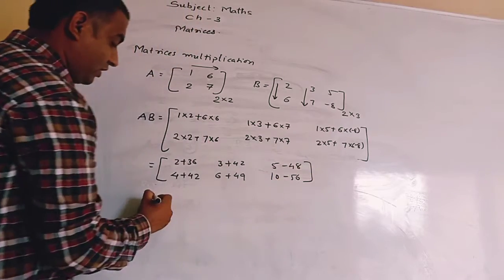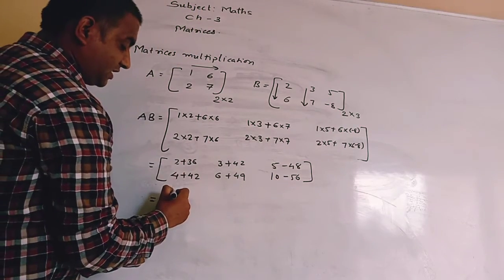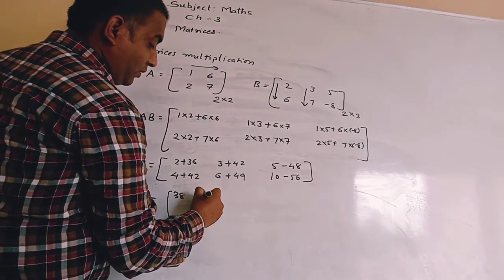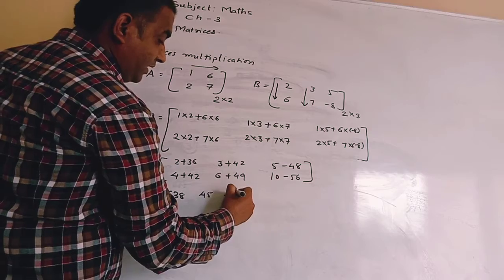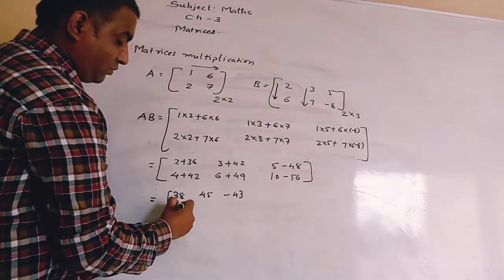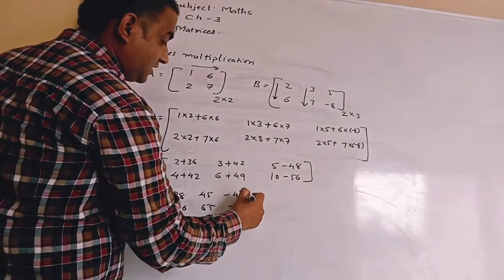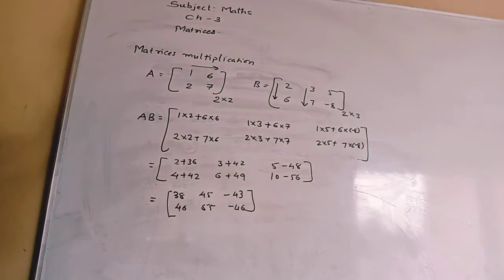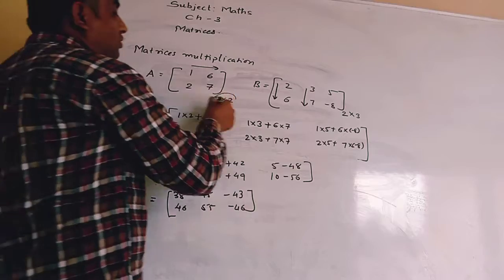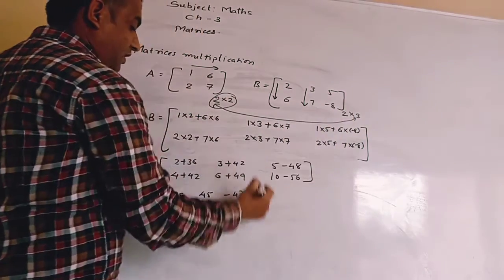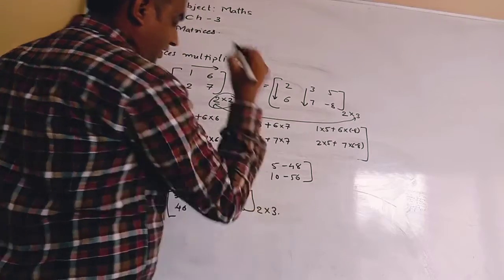And so our product will be 38, 45, minus 43, 46, 55 and minus 46. Here you can see that we multiplied 2 cross 2 and 2 cross 3, and we are getting the order of the new matrix as 2 cross 3.